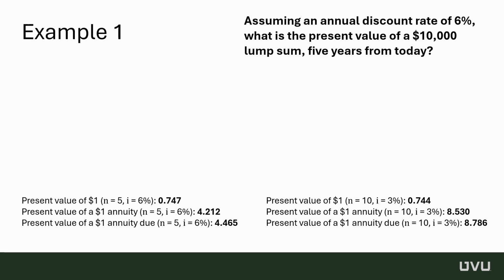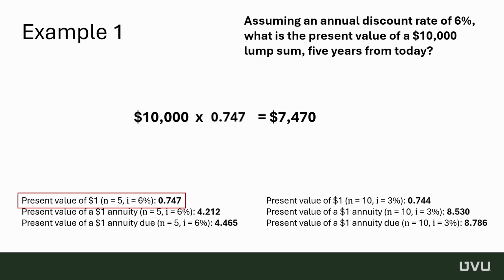We are told that for 5 periods at 6%, the present value of $1 is a factor of 0.747. So we can take $10,000, multiply it by that factor, and that gives us $7,470. In plain English, this means that receiving $10,000 5 years from now is economically equivalent to receiving $7,500 today, assuming a 6% annual discount rate.